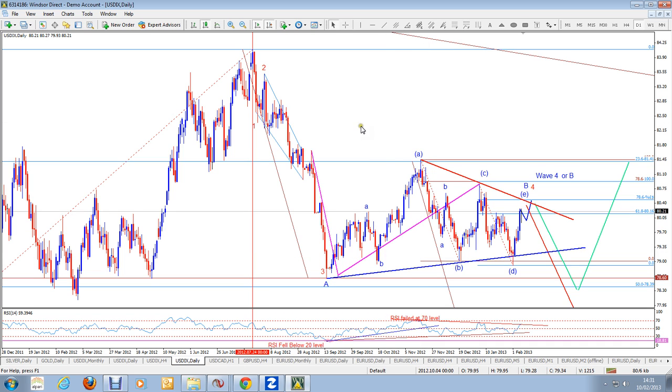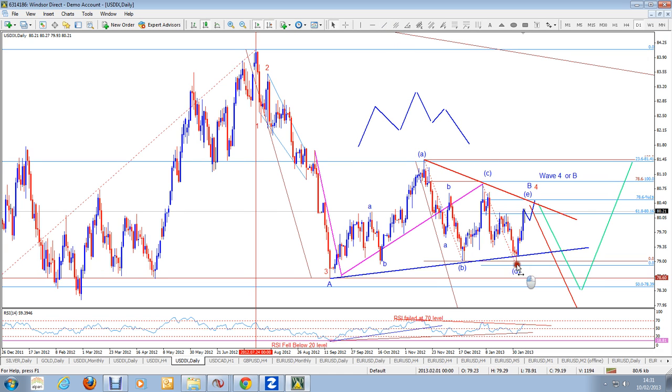Now a flat correction, as you know, just looking at this one, we could have A, B and C, which is what we got here so far. Then we might come down in A, B and C to the downside, which is up to here, and then we have a 5 wave to the upside.